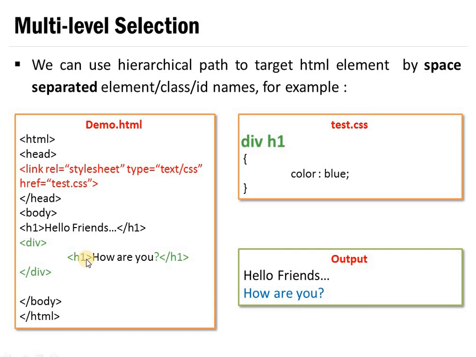It is a nested h1 tag, so that's why we have set this kind of selection, and it will get the color blue. So this is all about how you can apply some tricks to minimize your CSS code. Don't forget, these are the basics.